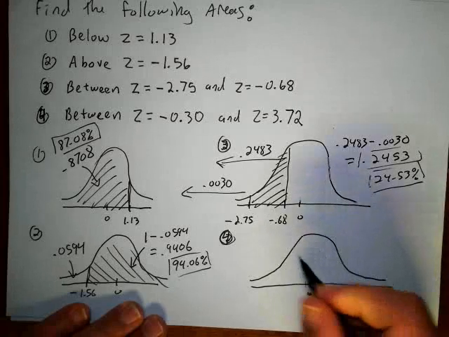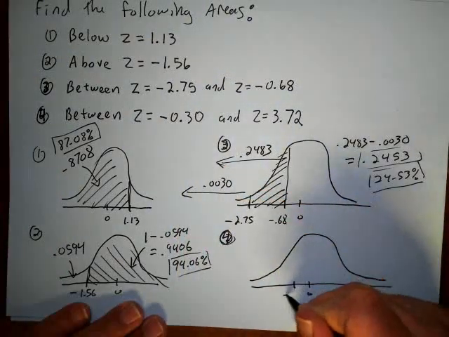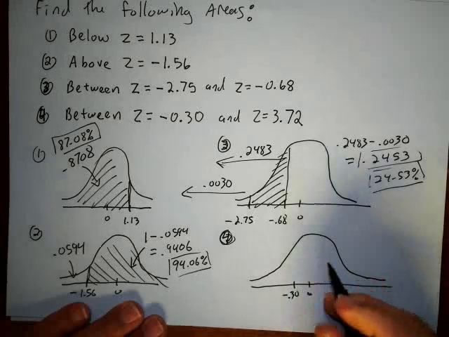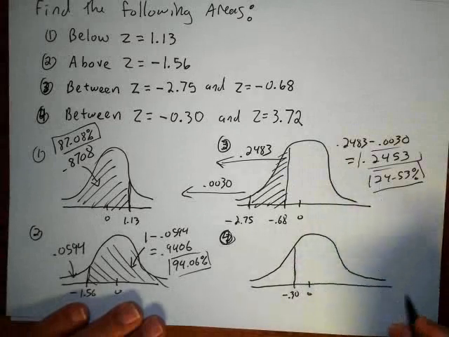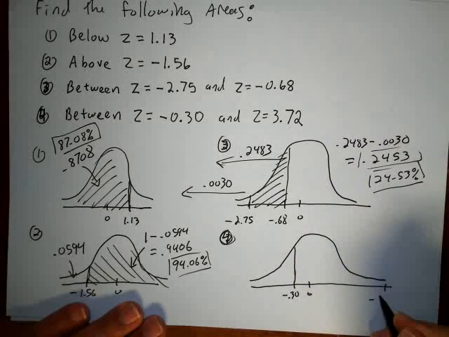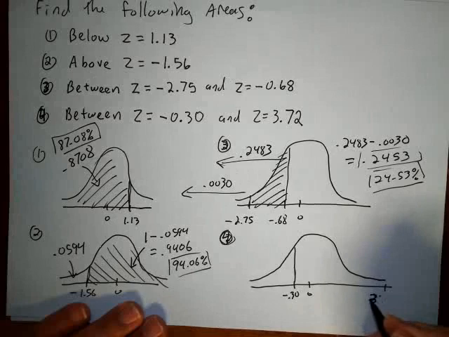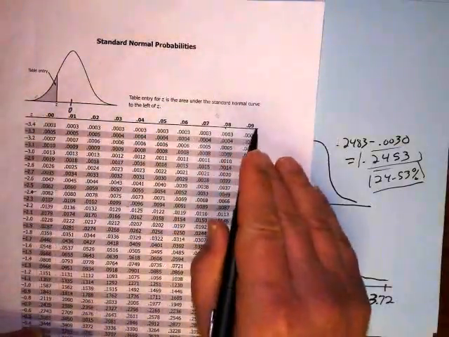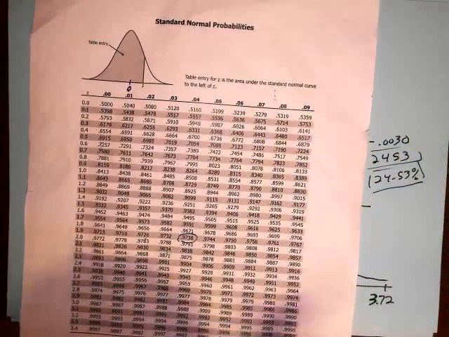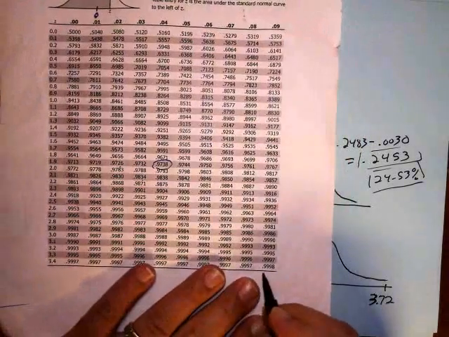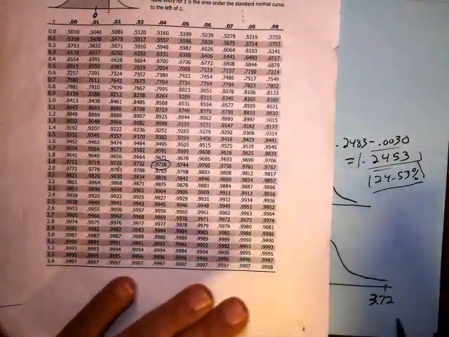Okay, so this one is pretty close to the mean below. It's a negative z-score. This one is way out here, positive 3.72. And if you look, the table only goes to 3.49, and this is as big as you can get. You get 0.9998.